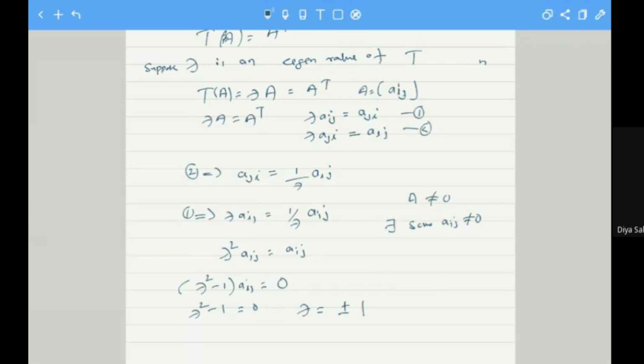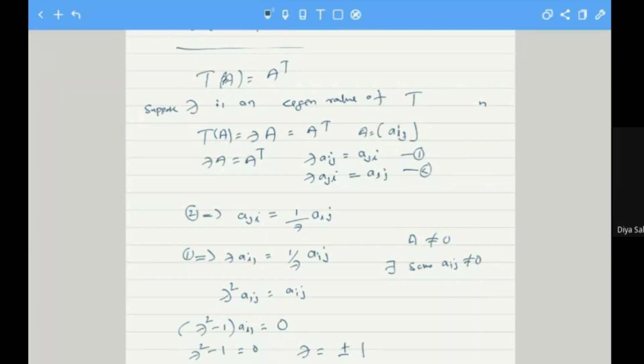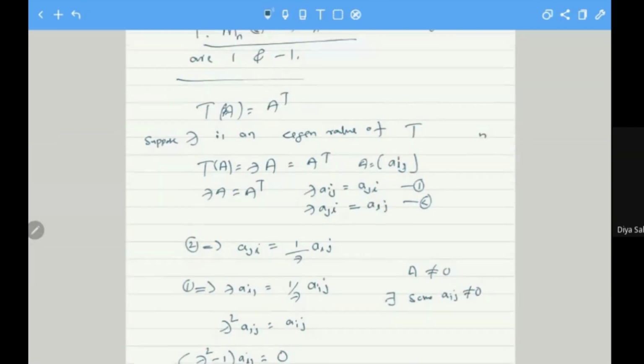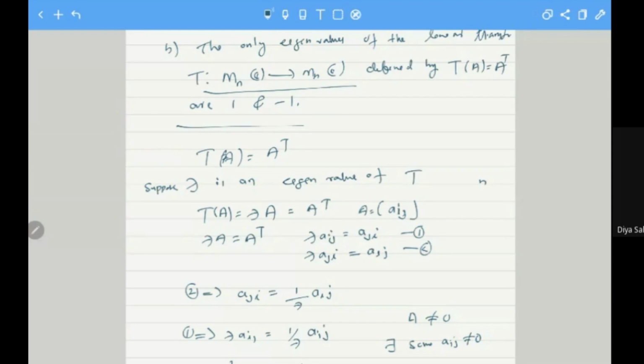Sir, I have one doubt. If 1 and minus 1 are the only eigenvalues, then for the eigenvectors we will only have symmetric and skew symmetric matrices. T is from M_n(C) to M_n(C).